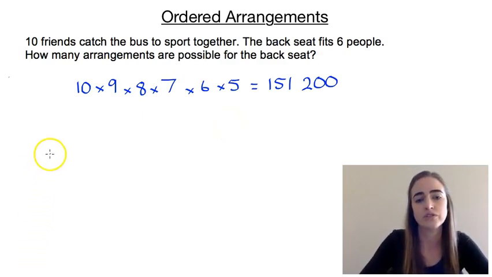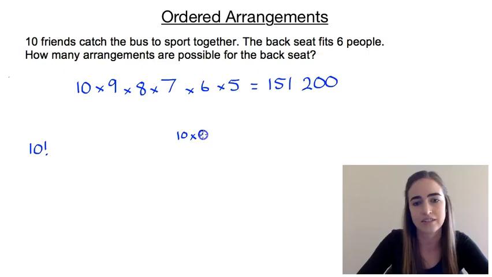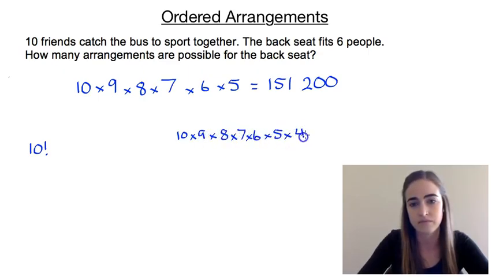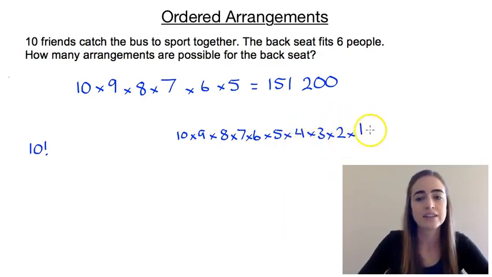If we wanted to use factorial notation though, it starts off looking a bit like 10 factorial, because that would be 10 times 9 all the way down to 1. Except that it's missing these last terms off the end here. So if we wanted to cancel those out, because these are all times on the end here, we'd have to divide by 4 times 3 times 2 times 1.